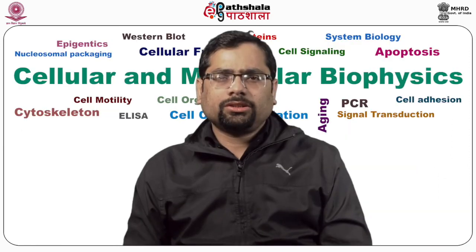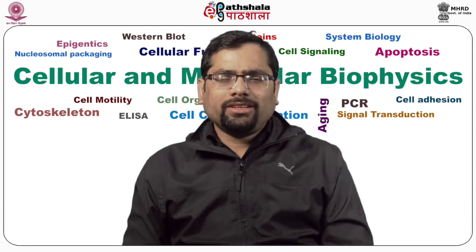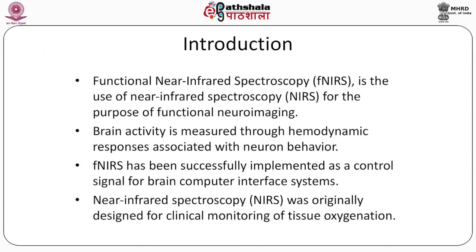So, first let us introduce the topic, that is fNIRS. What is fNIRS? It is functional near infrared spectroscopy. It is the use of near infrared spectroscopy. Remember, this is not infrared spectroscopy, we call it near infrared spectroscopy, for the purpose of functional neuroimaging.